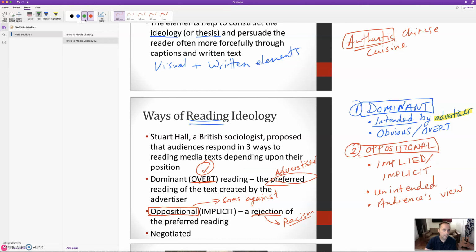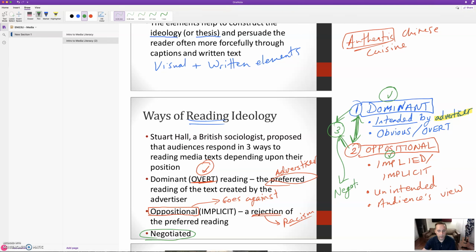And then thirdly, there can be a negotiated position between these two, okay? So the third is, you might be able to find something that's okay there, and you might come over here and say, okay, there are some ideas, and then you put it together, and you come up with the negotiated reading.